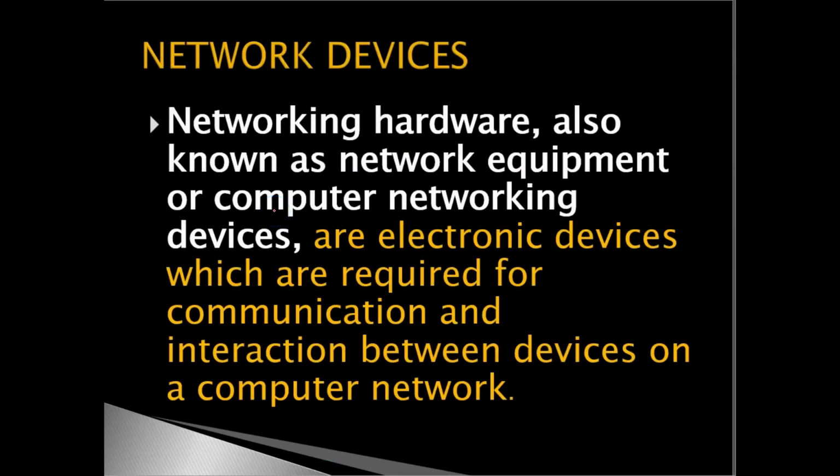So let us see the definition of network devices. Network devices are also called networking hardware. Networking hardware is also known as network equipment or computer networking devices. All these are nothing but electronic devices which are required for communication and interaction between devices on the computer network.